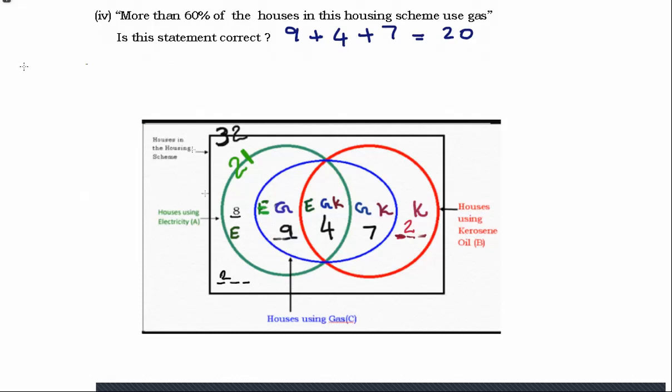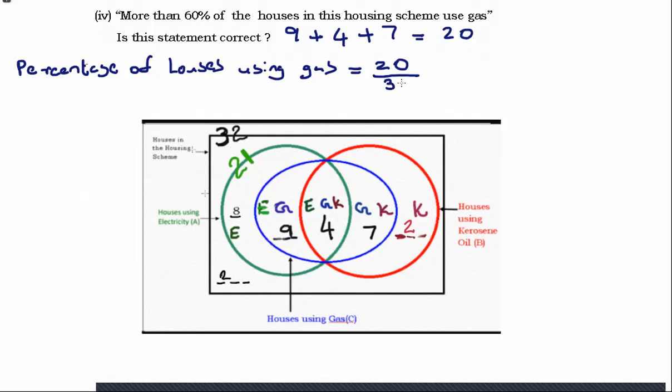So what percentage of houses using gas is equal to what? 20 out of 32. That's the fraction. How would you convert it to a percentage? Multiply by 100. So what would it be? We can cancel.